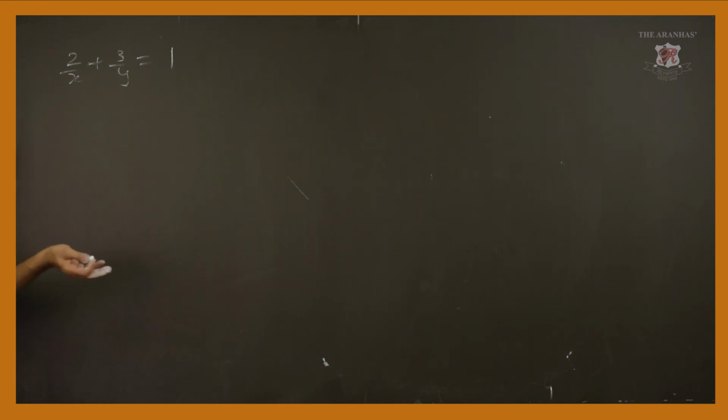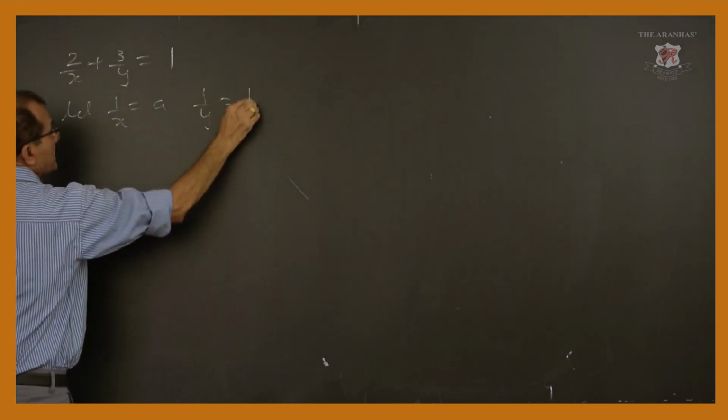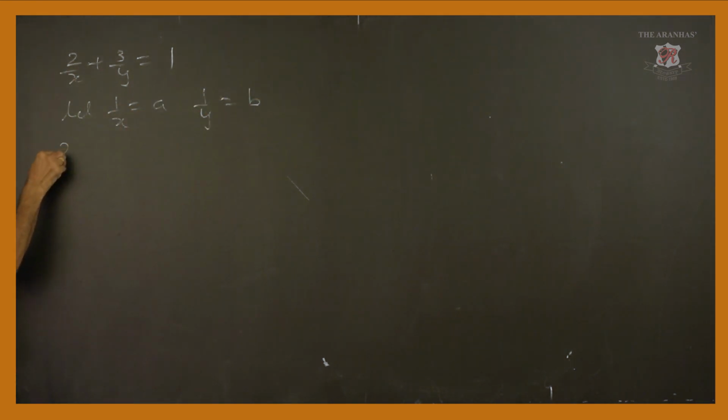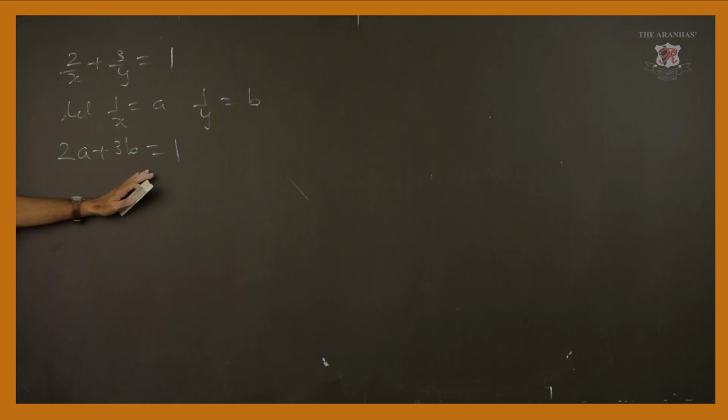So how to make it a linear equation? You take 1 upon x as a and 1 upon y as b. So now this reduces to 2a plus 3b is equals to 1. So this is how it has been reduced to a linear equation. This is a non-linear equation, this is a linear equation, right?